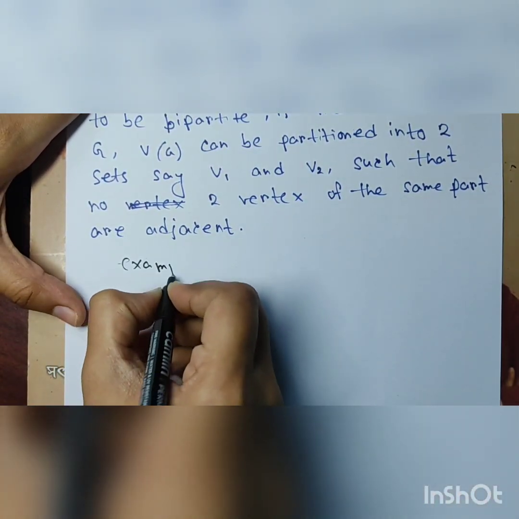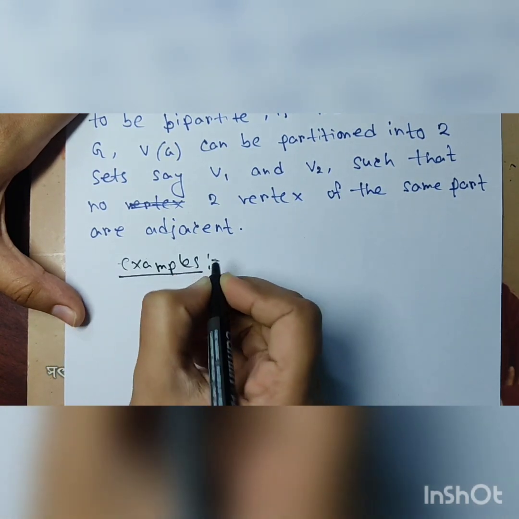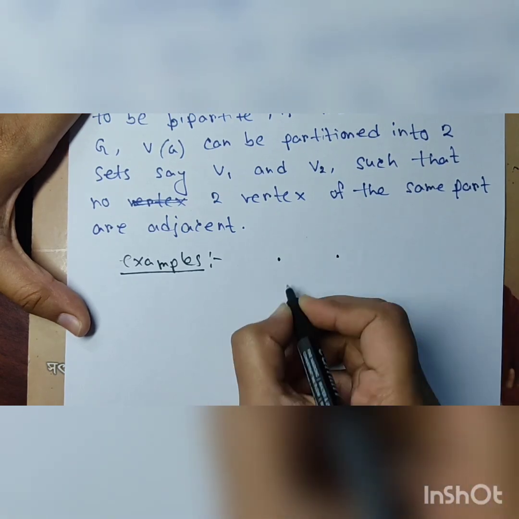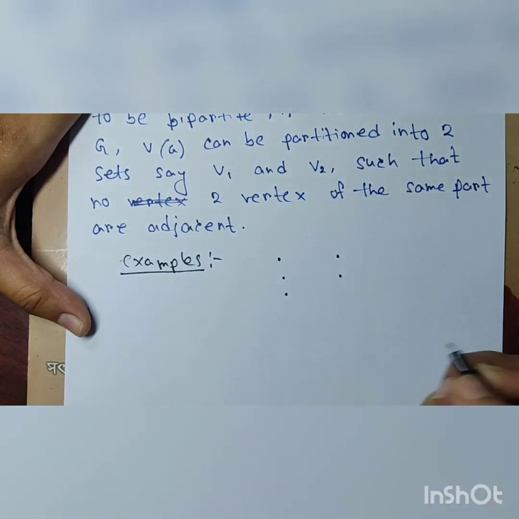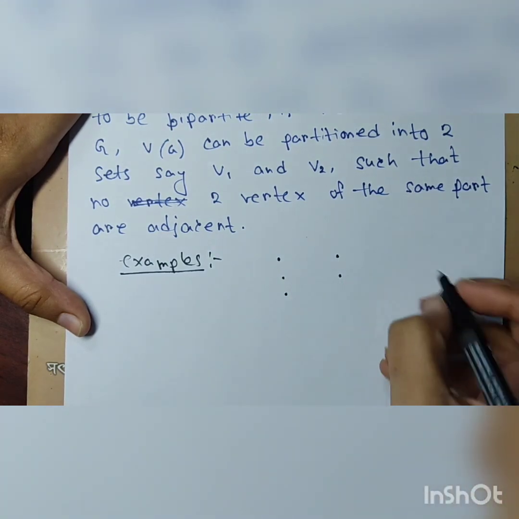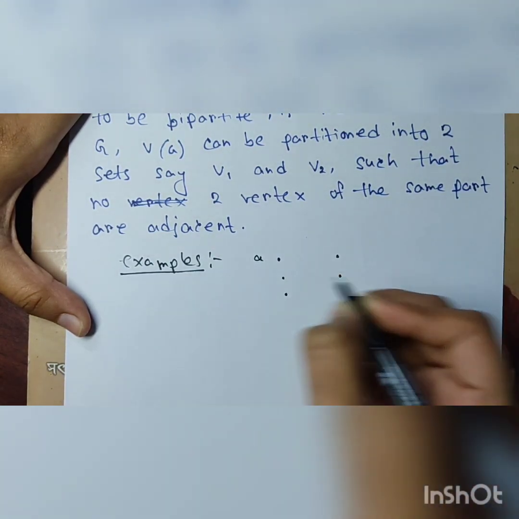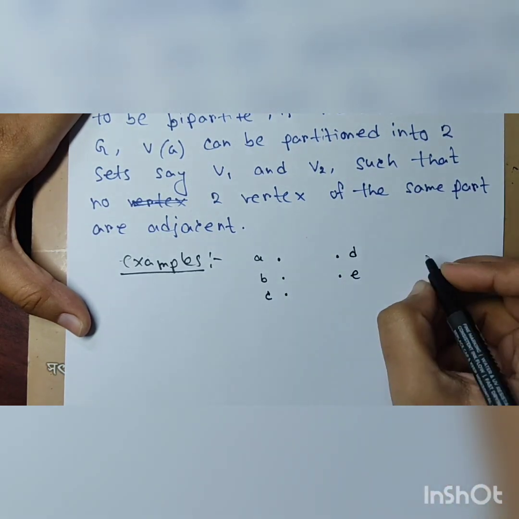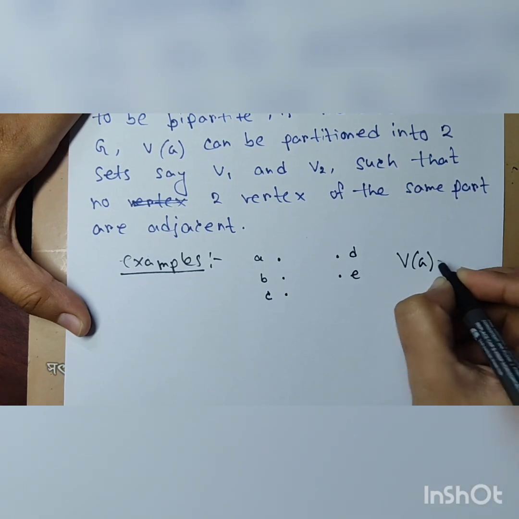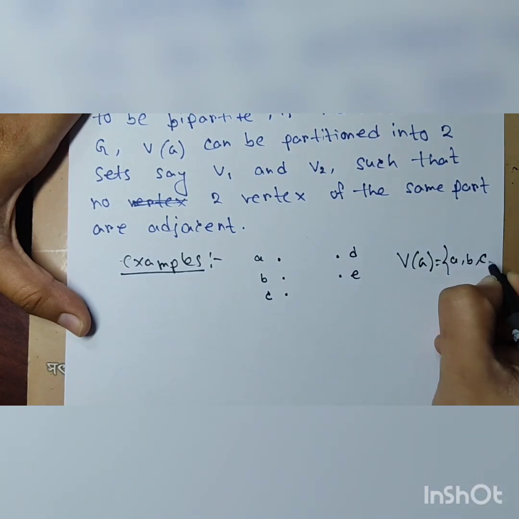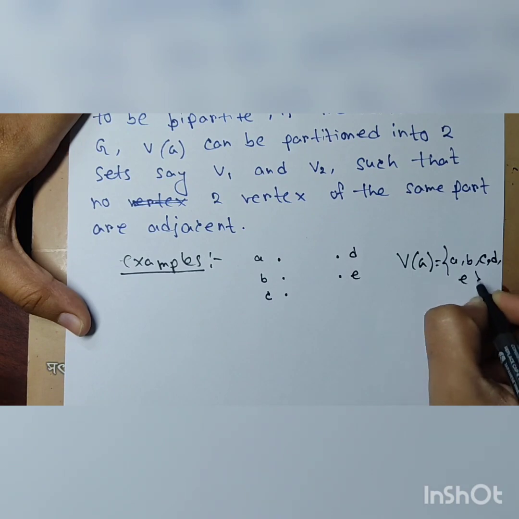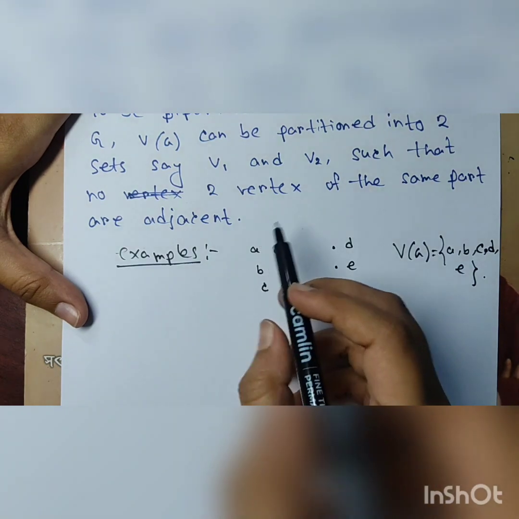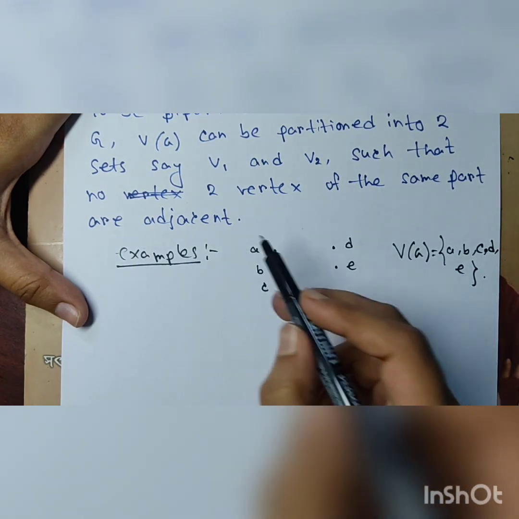So firstly we have to know what is partition. Okay, so let us take this set to be the vertex set. Here are 5 vertices in G. So the vertex set, say we have to name all the vertices, so A, B, C, D and E. Okay, so the vertex set V of G is A, B, C, D and E. Firstly we have to partition this vertex set into two parts.